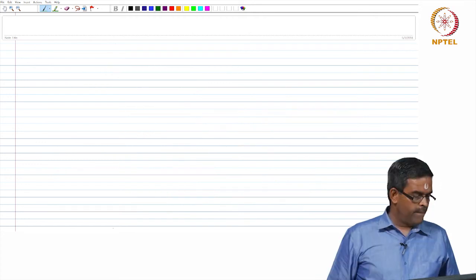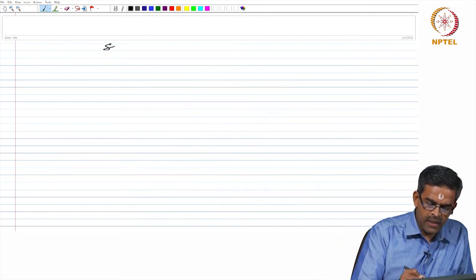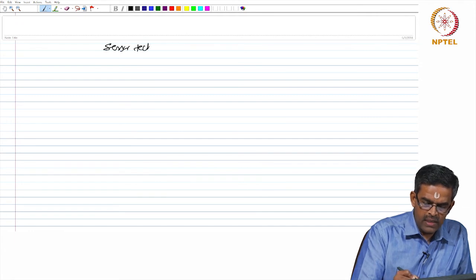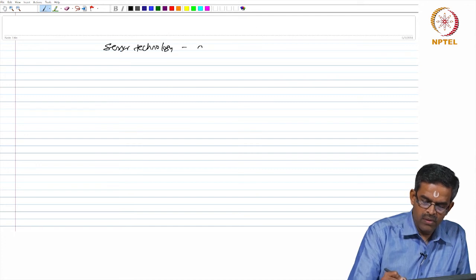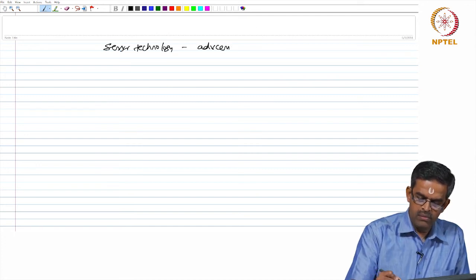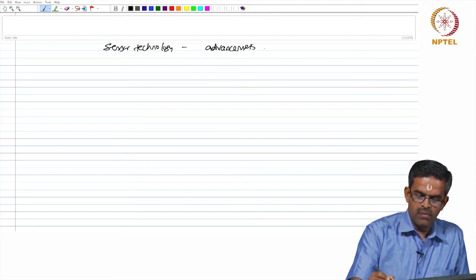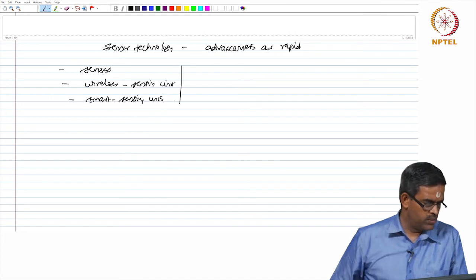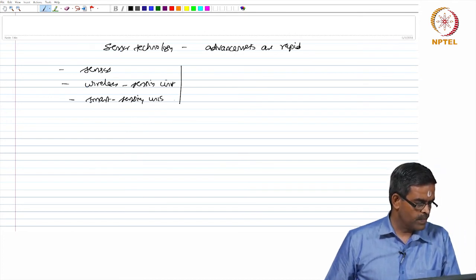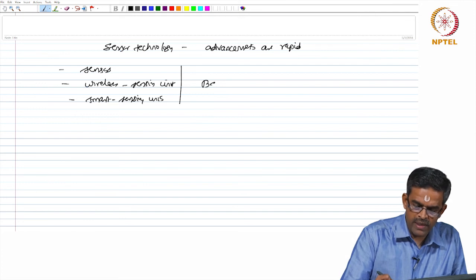Okay. Now, as we all agree, sensor technology has advanced very rapidly, with smart sensing units. So, one can use a combination of these based upon certain basic criteria.